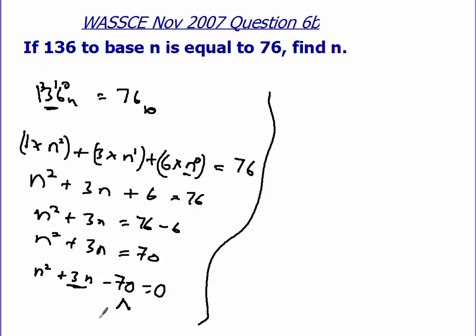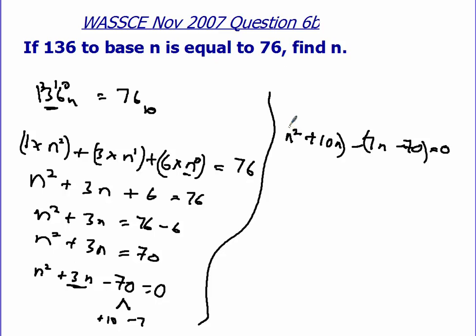And of course, it's positive 10 and negative 7. So for our factorization, I'm going to substitute these numbers to replace 3n. Therefore, n squared plus 10n minus 7n minus 70 equal to 0.